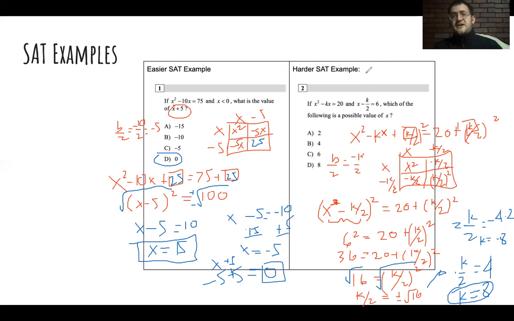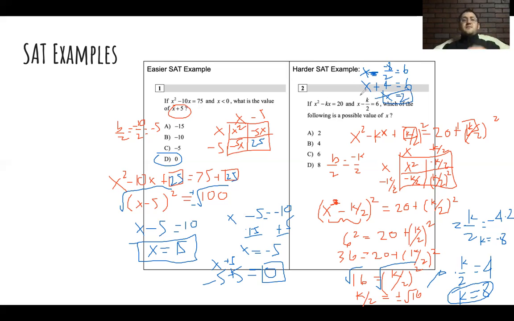If I look at this problem and say x minus negative 8 over 2 equals 6, I could say that this is effectively x plus 4 equals 6. So one of the values could actually be 2.